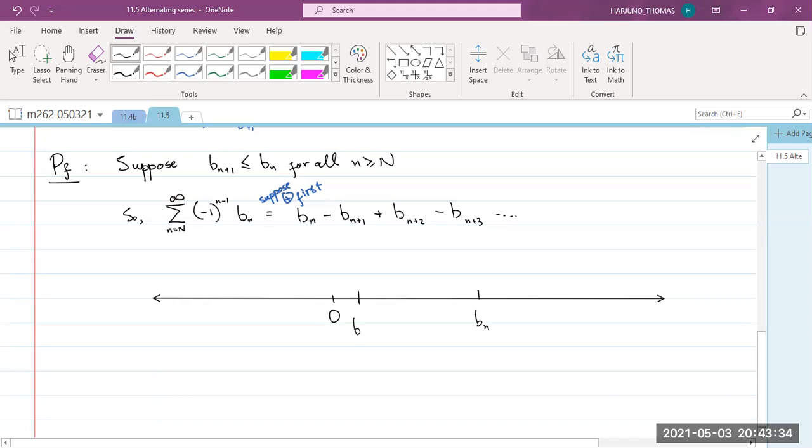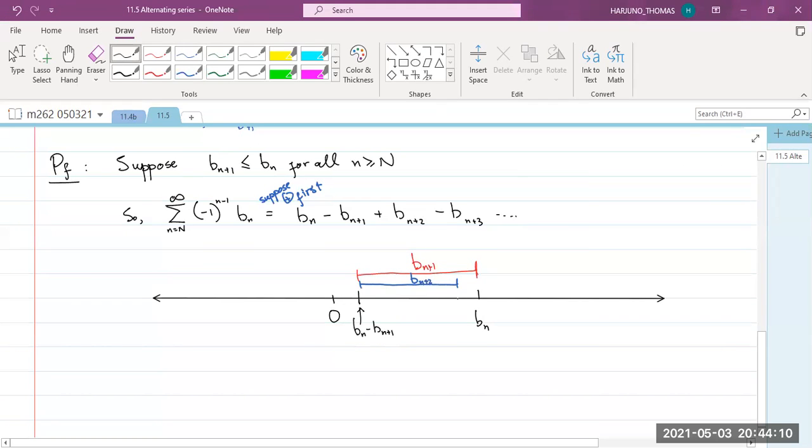This is b sub n minus b sub n plus 1. If I add b sub n plus 2, notice that the magnitude here is b sub n plus 1, right? Now b sub n plus 2 is shorter than that.